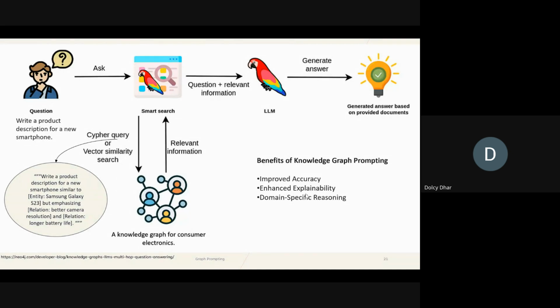I don't know if I should completely say that, because it depends on what kind of way you're querying the knowledge graph. Right here they have shown that they are finding the relevant node through a similarity search also. But through that relevant node, the LLM can do reasoning on whether that node is enough or not.